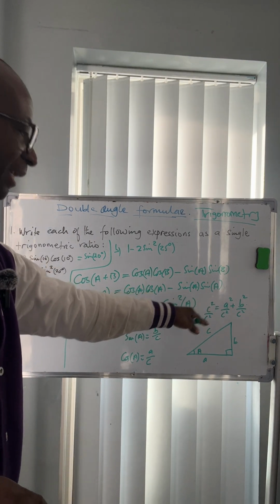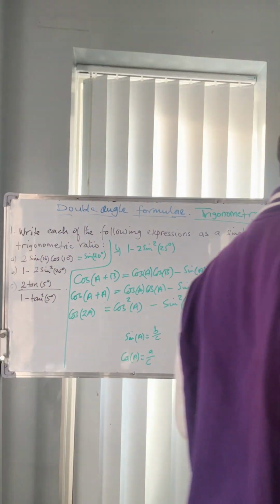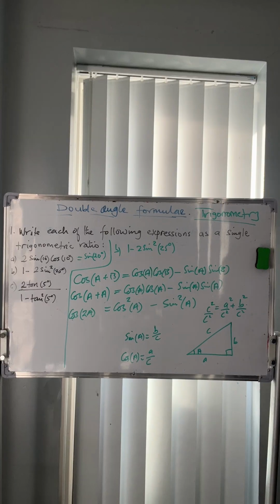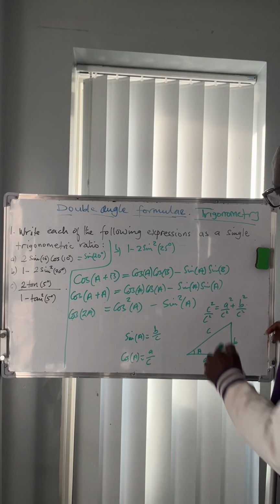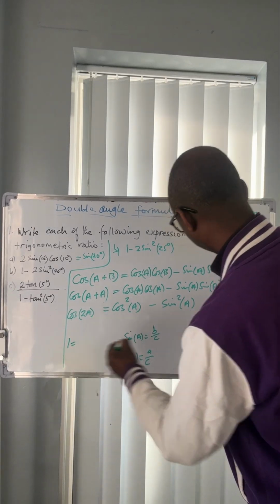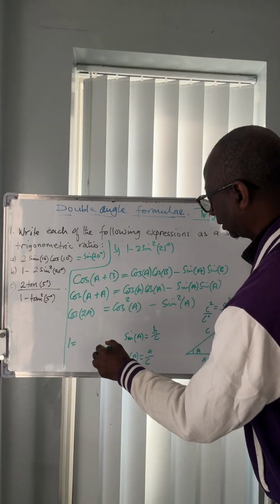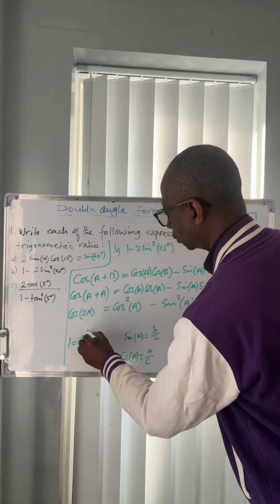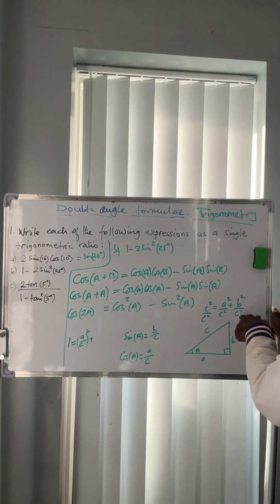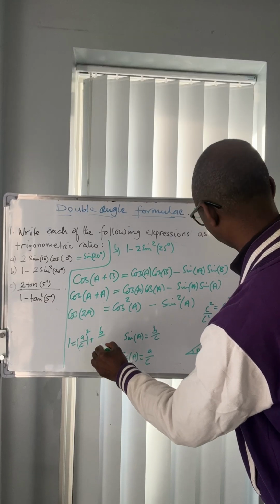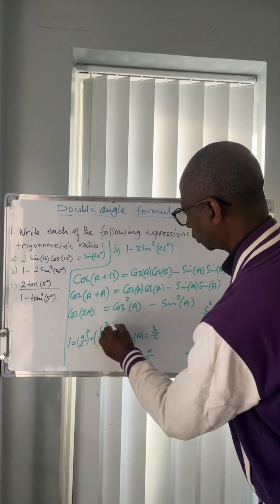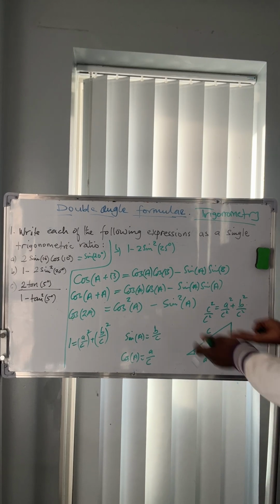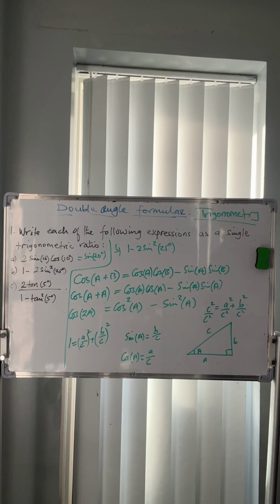So C squared divided by C squared gives me 1, equals A squared over C squared, which is A over C all squared, plus B squared over C squared, which is B over C all squared.